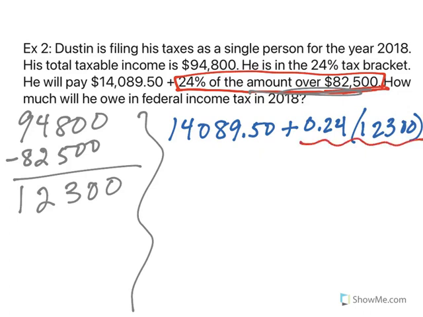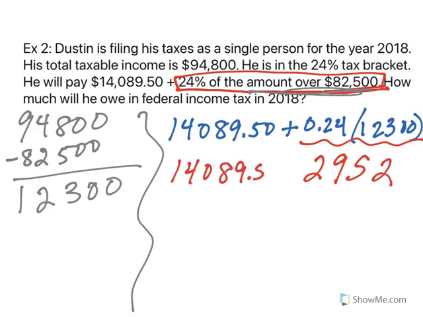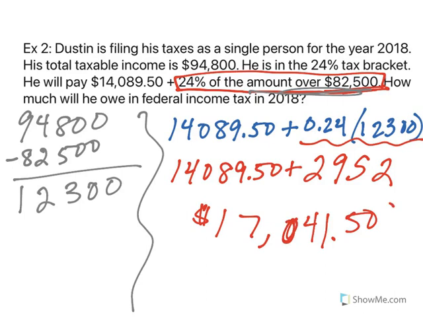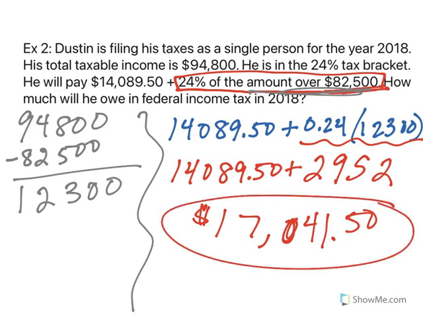When I calculate this, because of order of operations, I would multiply first. This gives me 2,952. So I'm adding $14,089.50 plus $2,952. Total federal income tax is $17,041.50.